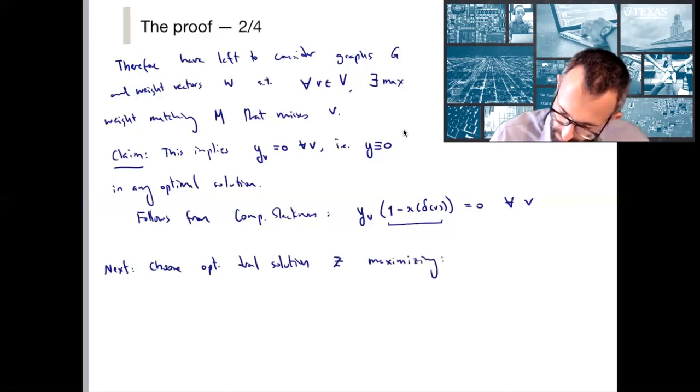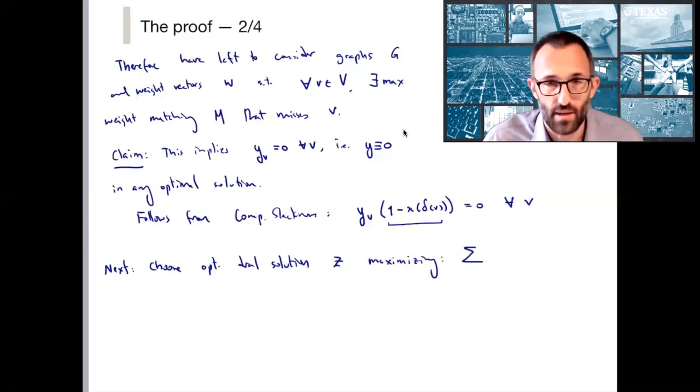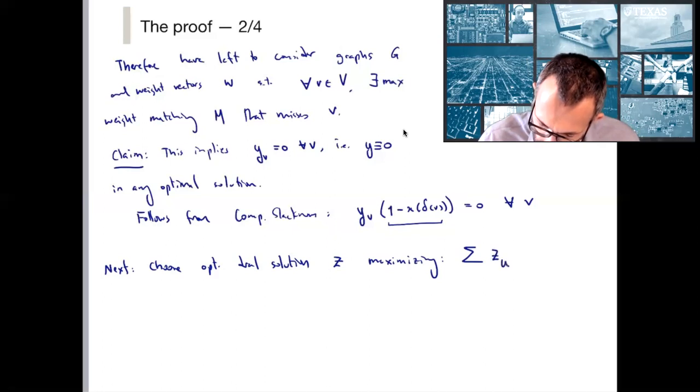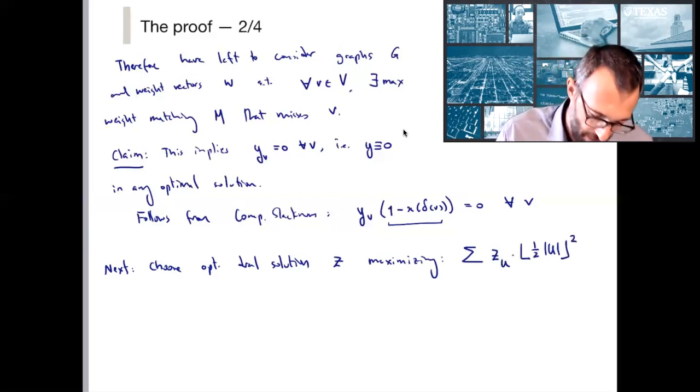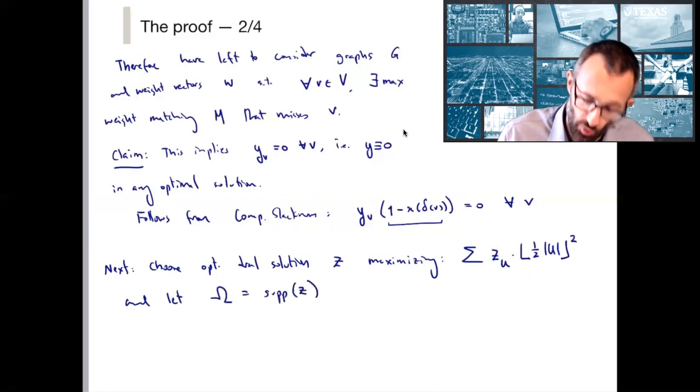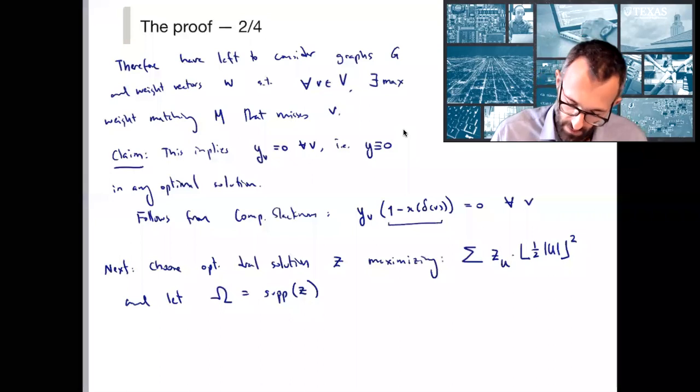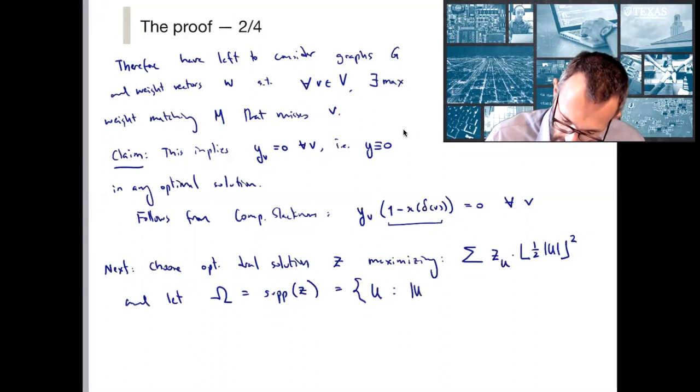Maximizing the sum over all U with cardinality greater than or equal to 3 and odd, ZU times the floor of 1/2 cardinality of U squared. And let omega be the support of that dual optimal solution Z. So again, this is all U such that cardinality of U is at least 3 and odd and ZU is strictly greater than 0.